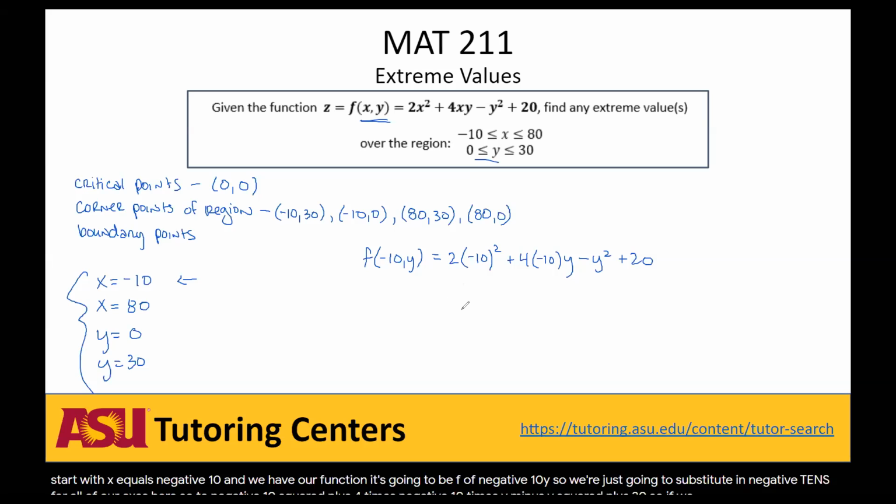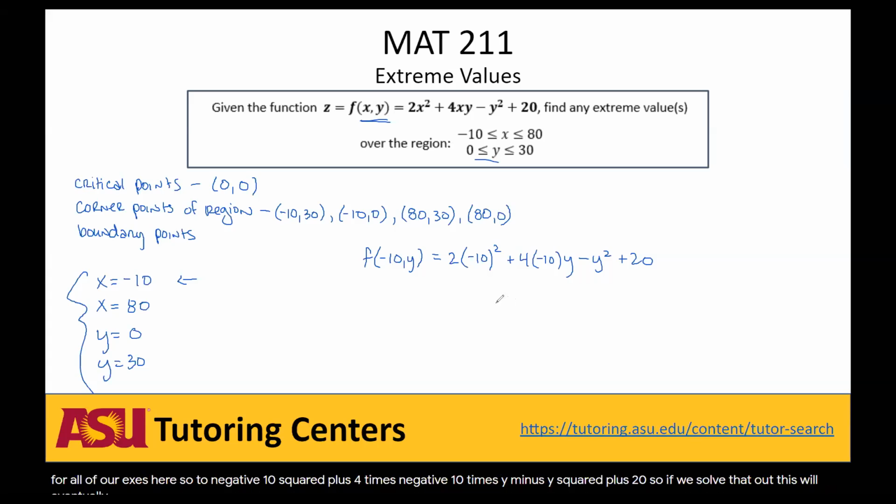If we solve that out, this will eventually look like -y squared minus 40y plus 220. And we're going to set that equal to 0.